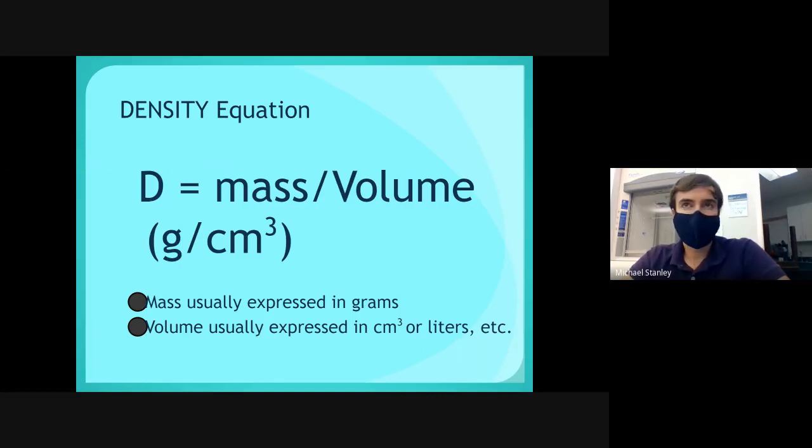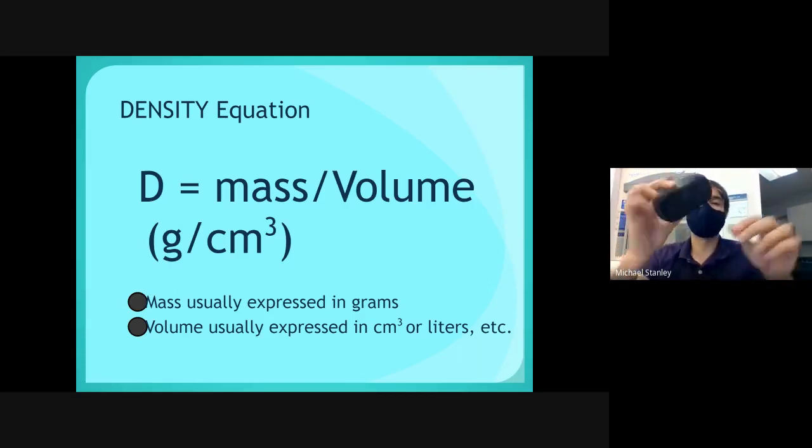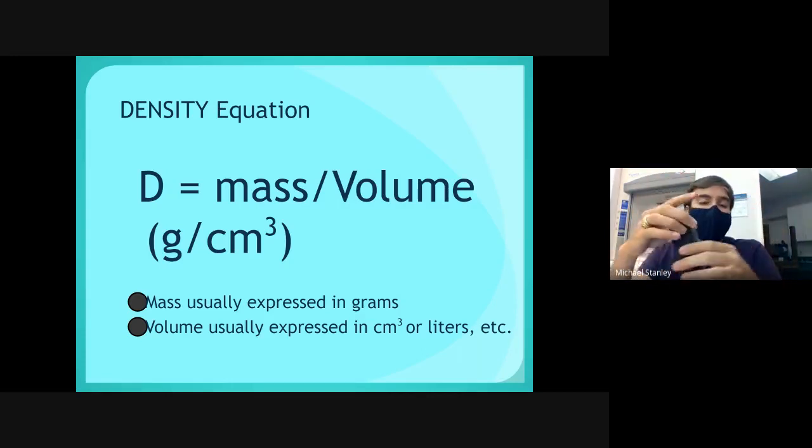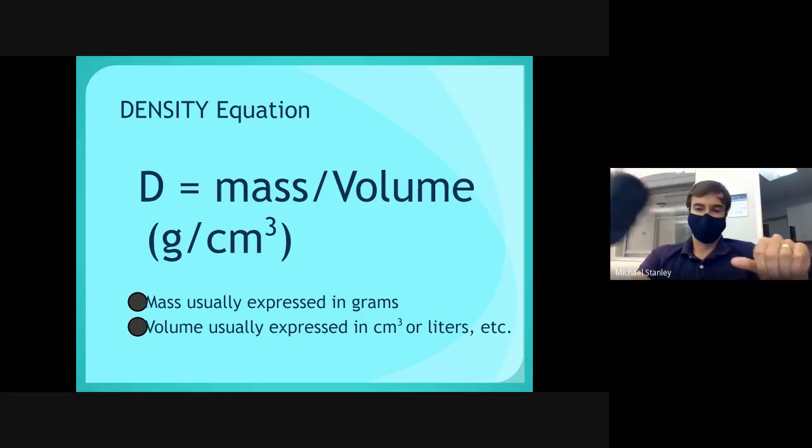So let's say, for example, that I drop it in the water and measure that it has a volume of 50 milliliters.